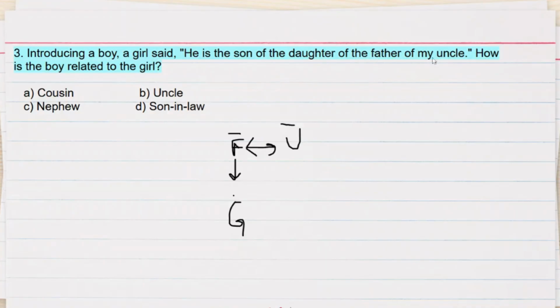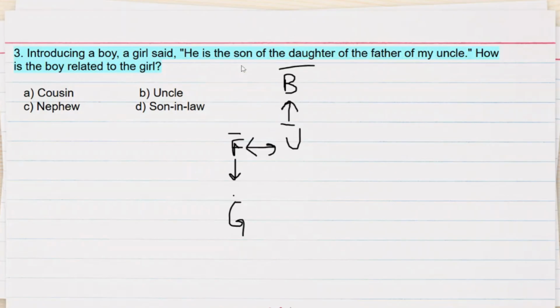Daughter of the father of my uncle. Father of my uncle means, okay, we'll use this arrow. I will use another alphabet. Let's say I use B here. If B is the father of U, B is also the father of F here, right?